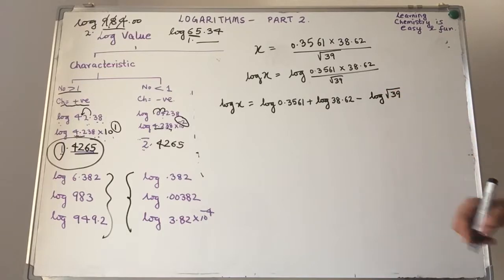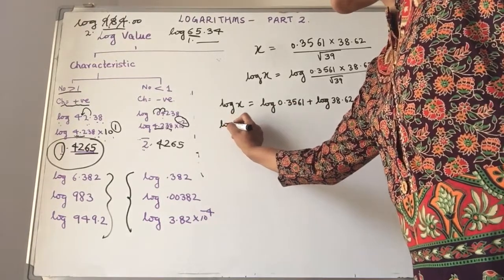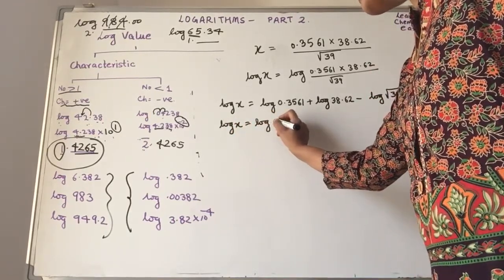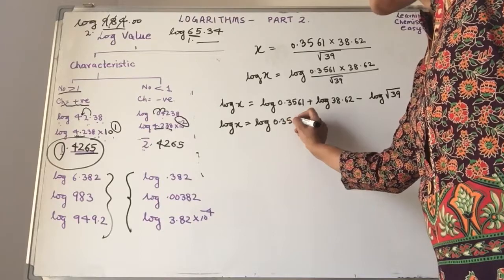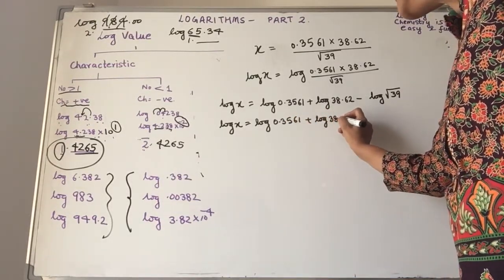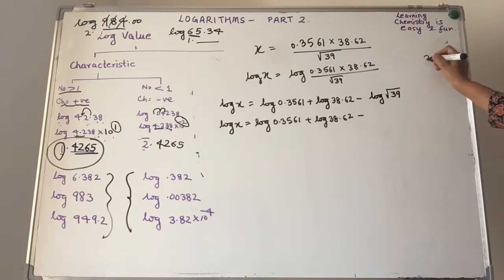Now this is again root 39. We don't know how to solve the root values using logarithmic tables. So let us expand this further. Log of 0.3561 plus log of 38.62 minus... Now this is root 39. That is the same as 39 to the power half.